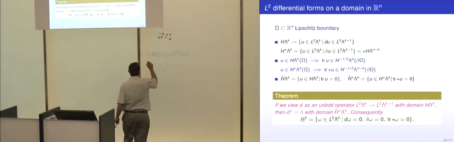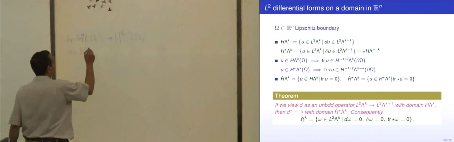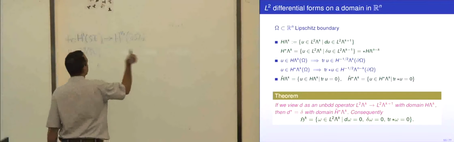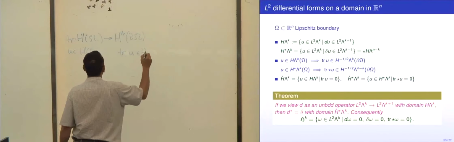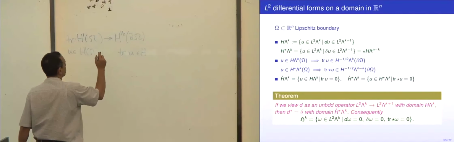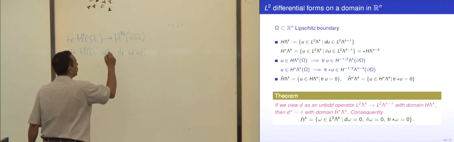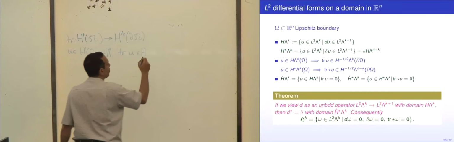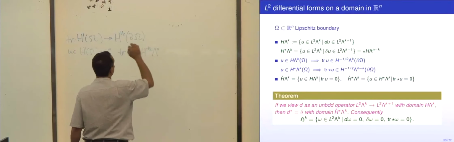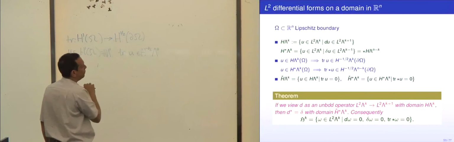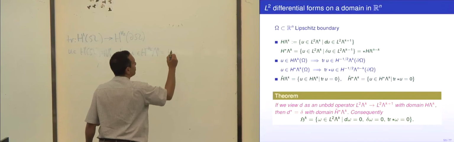Because if u is in H1 of omega, then according to that board, trace u is in H minus 1/2 Lambda 0, which is H minus 1/2 of the boundary.